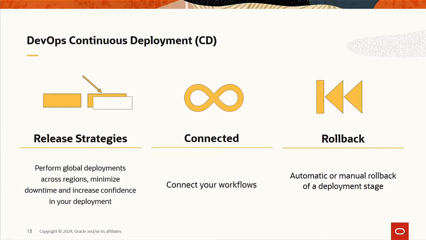This is non-trivial. You set up your clients against your application and see what happens in those processes. So you can really get detailed with these release strategies and integrate with a variety of other services within OCI.